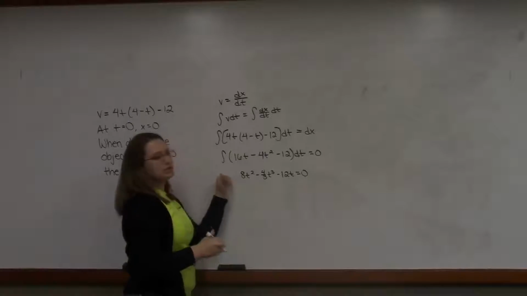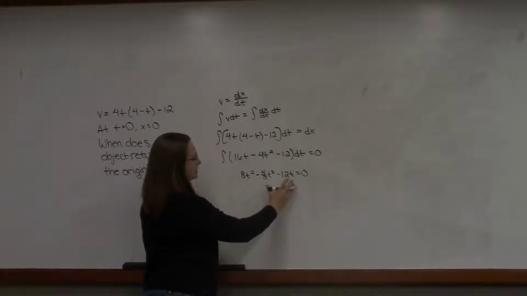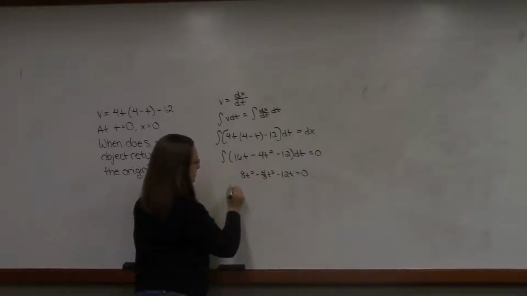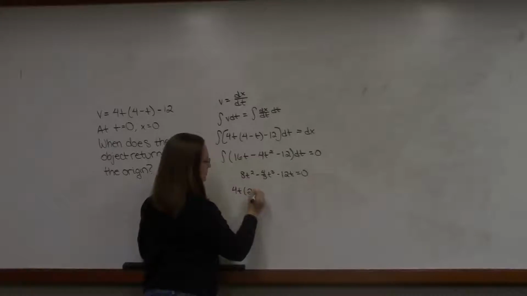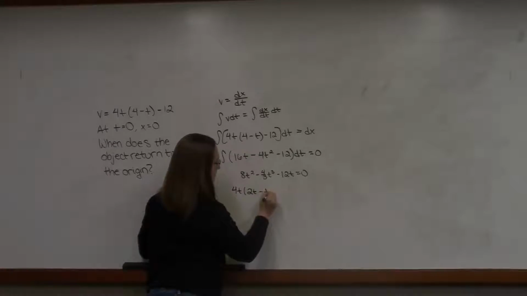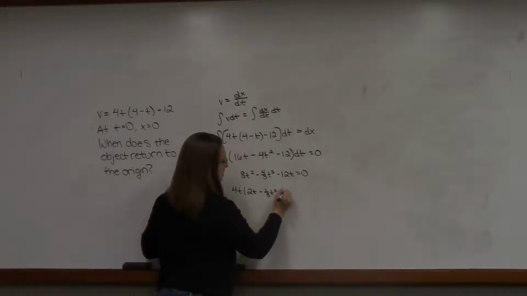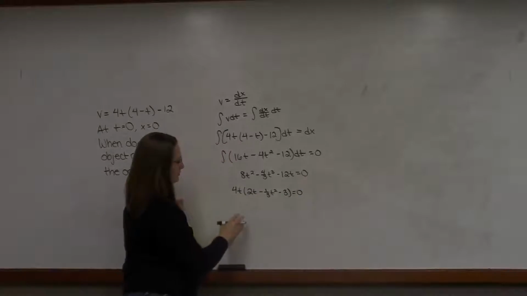So I want to solve for t now. The first thing I see is that I can pull a 4t out of each term. If I do that, I'm left with 2t in the first term, a negative 1/3 t squared in the second term, and a negative 3 in the last term. Okay?